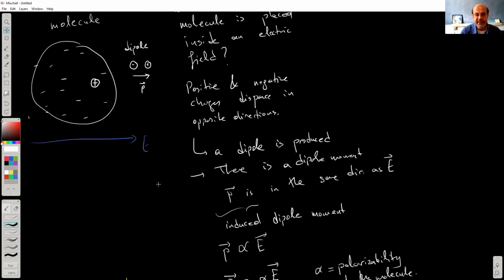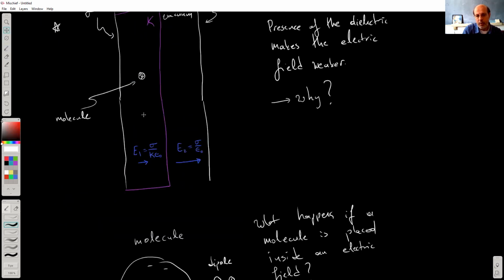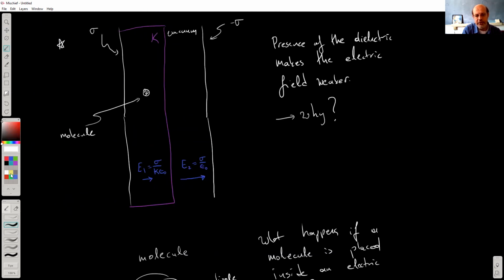In either case, what happens is that all of these molecules inside this medium develop a dipole moment, which is parallel to the electric field. So there are all of these molecules inside, and that somehow shows some kind of a response to the electric field by just developing a dipole moment.